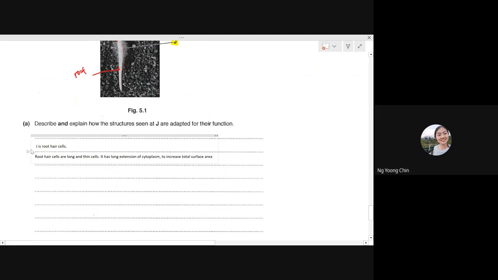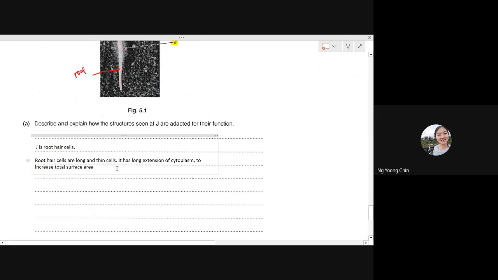Sorry, I think my word is quite small. I will enlarge it. Yeah, they want to increase the total surface area. In biology, total surface area is very important. You can always see this term in the surfaces or organs that need to increase their rate of absorption.